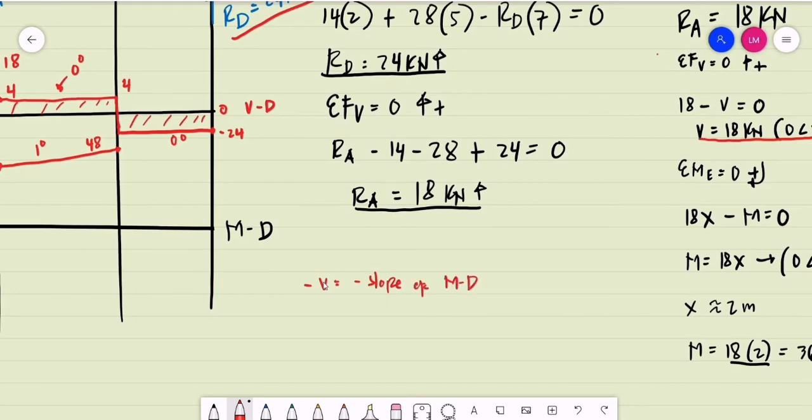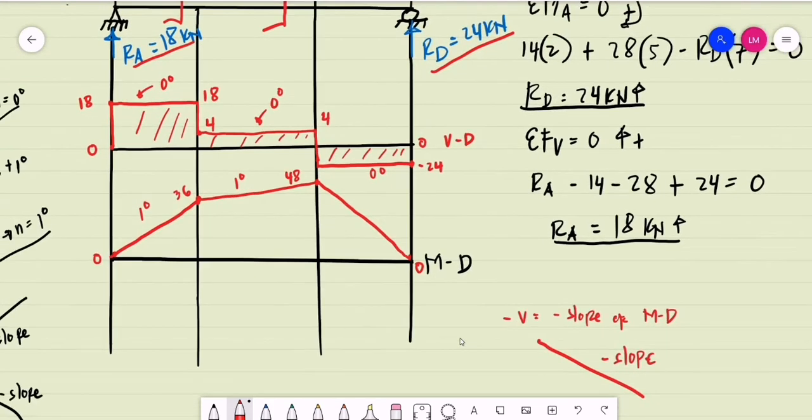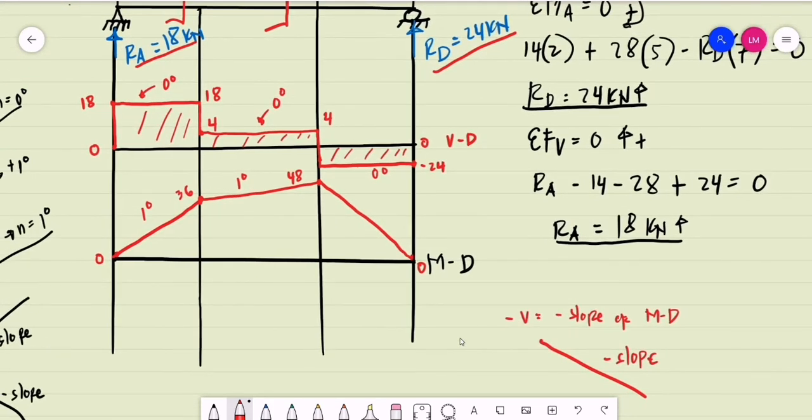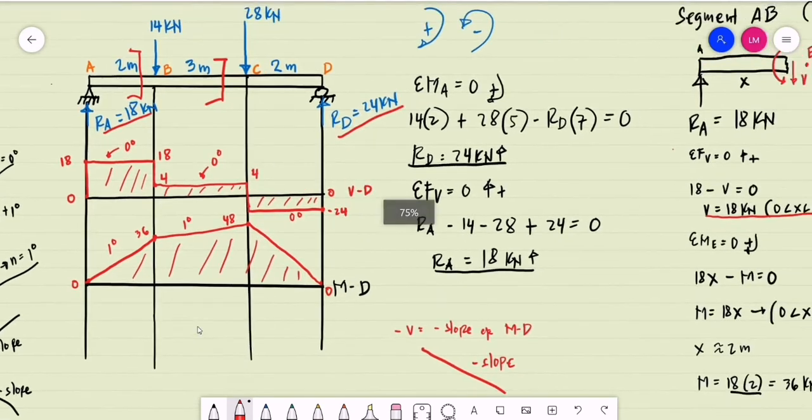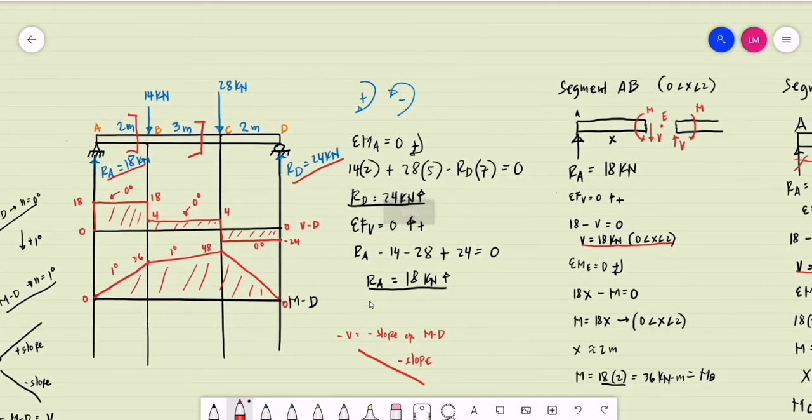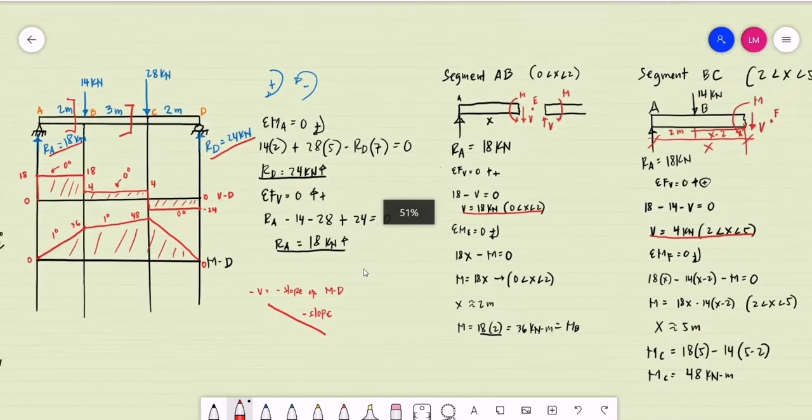From our analytic geometry, a negative slope is a line drawn downward to the right. So this is from 48 to 0 for the moment at point D. So this is our moment diagram, our detailed moment diagram for this beam. And this is our solution.